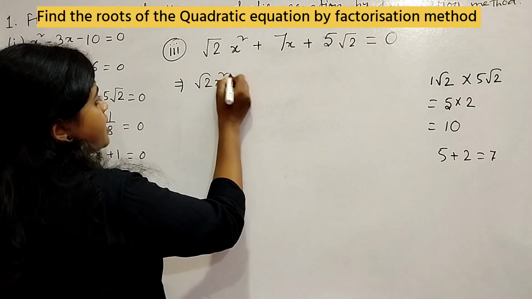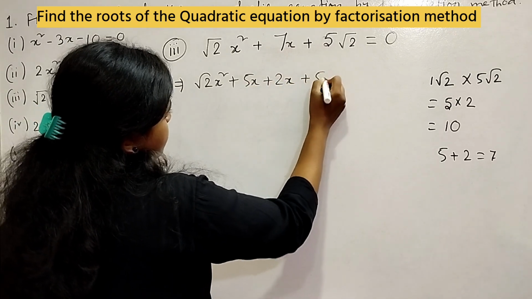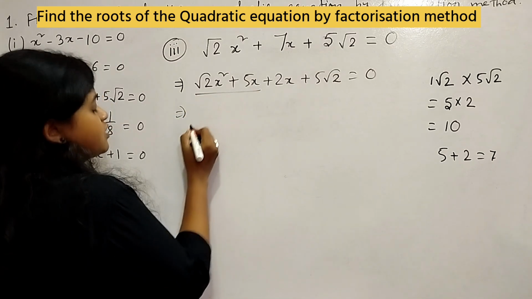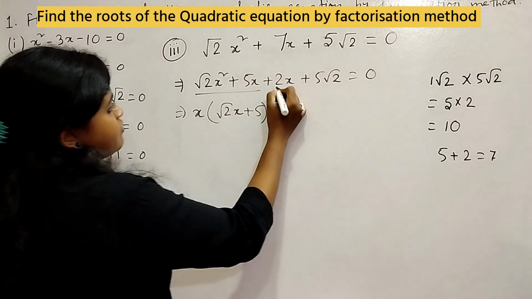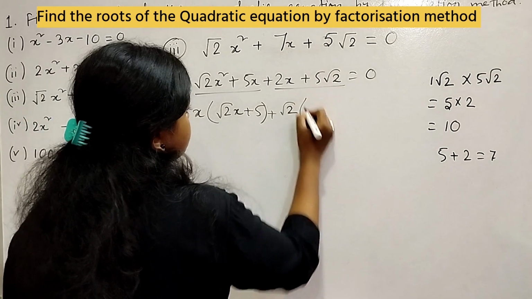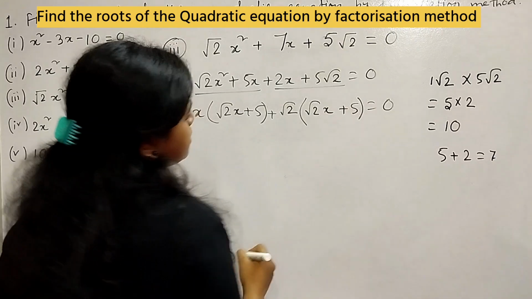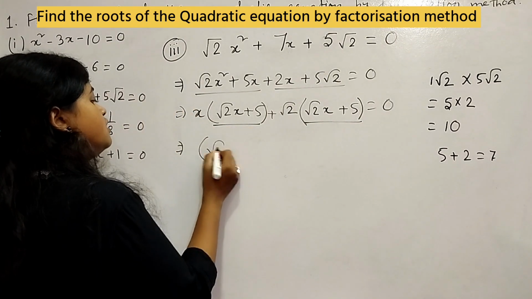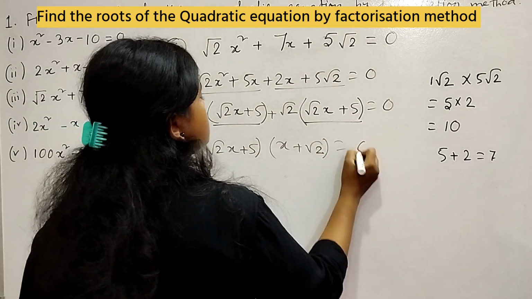So root 2x square plus 5x plus 2x plus 5 root 2 equals to 0. From these two terms we will take x common, and remaining root 2x plus 5, and from these two terms we can take root 2 as common, so remaining is 5 and x. So root 2x plus 5 into x plus root 2 equals to 0.